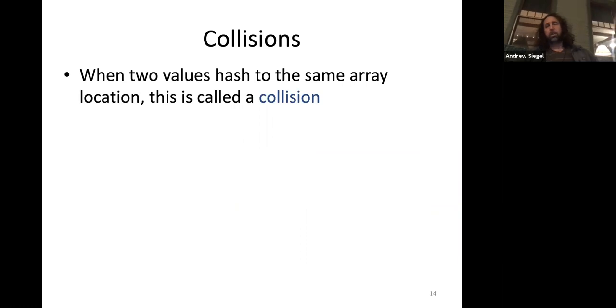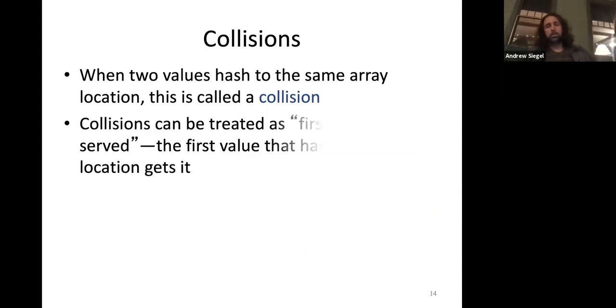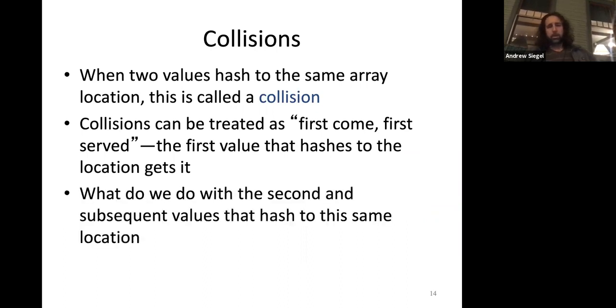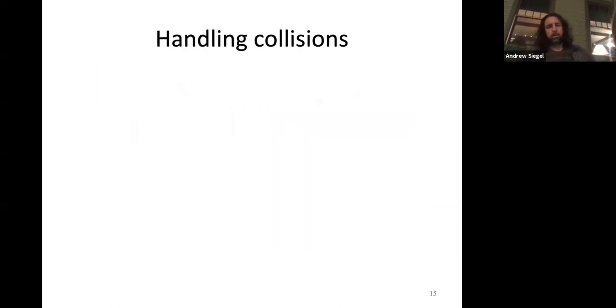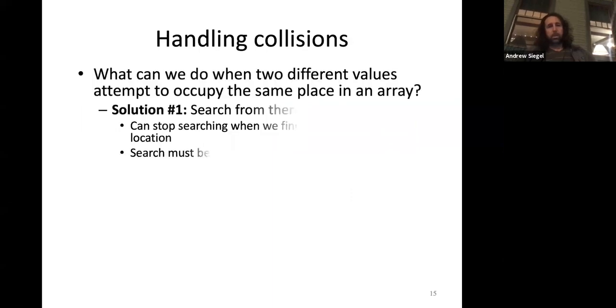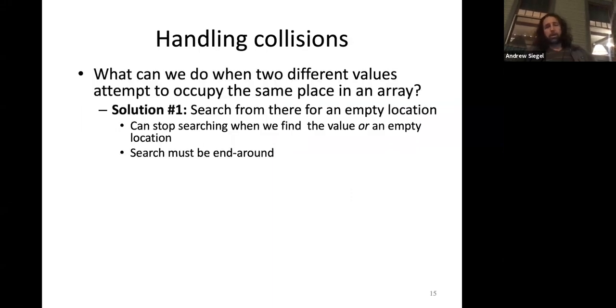Okay, so when two values hash to the same array location, it's a collision, and collisions can be treated in different ways. What do we do if we do first come first serve? Someone's there already. What happens to subsequent values? So solution one is we can search for a nearby empty location.